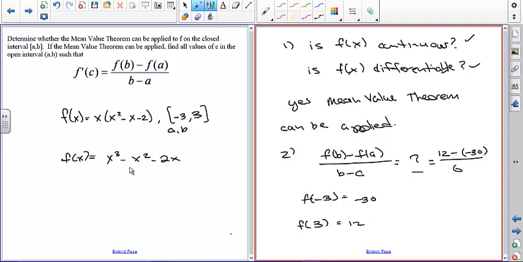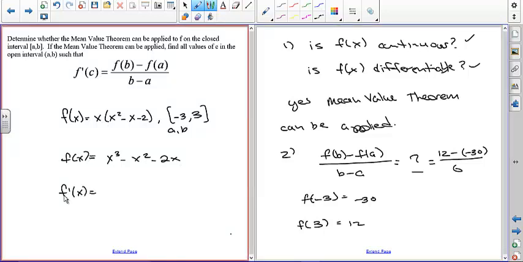So now what we want to do is take the derivative of this expression, and rather than using the product rule, it's easier just to multiply it out. So you'll take the derivative, f prime of x is equal to 3x squared minus 2x minus 2.